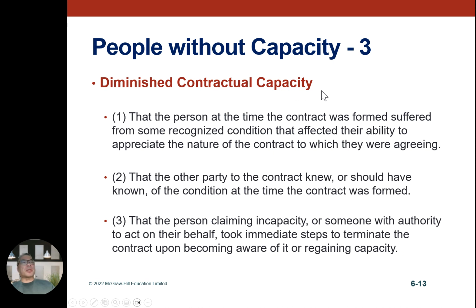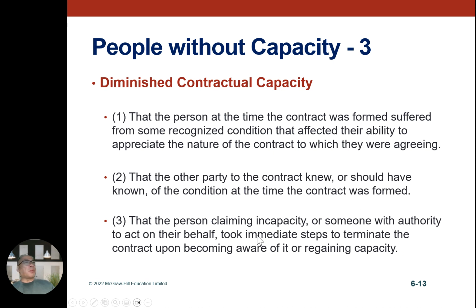Diminished contractual capacity: people without capacity. The person, at the time the contract was formed, suffered from recognized conditions that affected their ability to appreciate the nature of the contract they were agreeing to. The other party knew or should have known of the condition at the time the contract was formed.